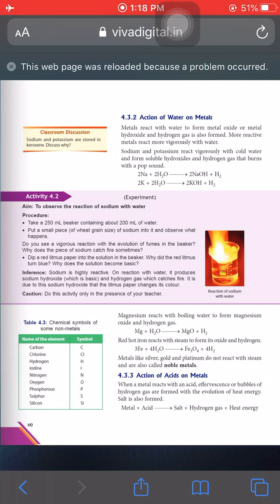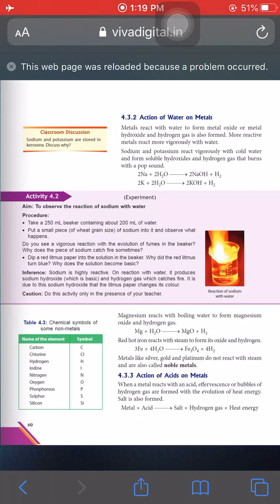As we talked about, sodium and potassium are kept under kerosene oil because they react easily and fast with oxygen or water, and produce a pop sound and fire.